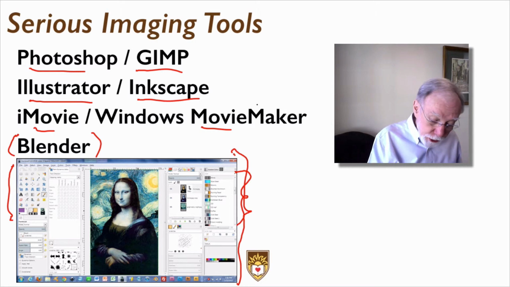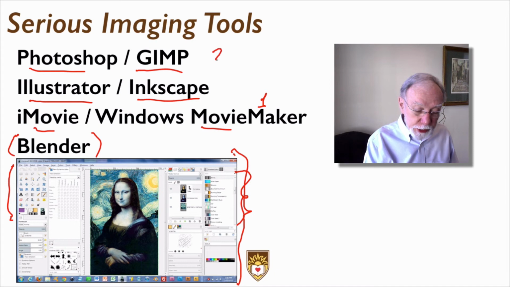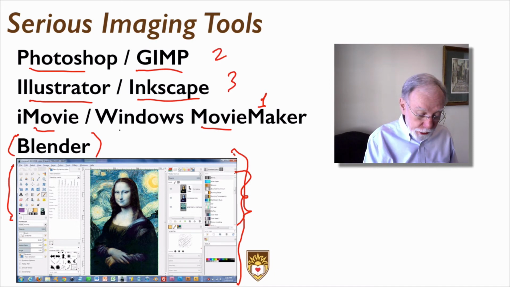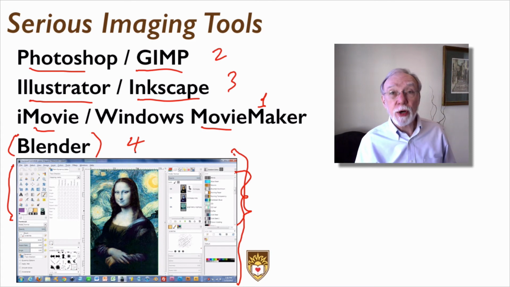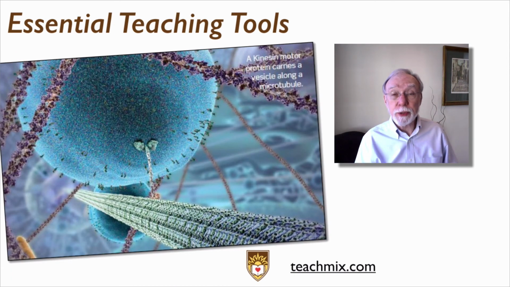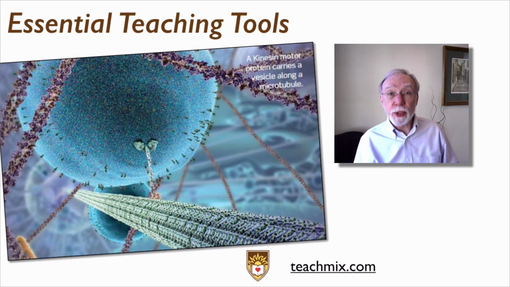The easiest would be Windows Movie Maker and iMovie. Next easiest, Photoshop. Illustrator would be the third easiest. Blender is the hardest. Again, each of these are worthwhile for you to learn the basics of. So knowing those basics, you can create rich animations such as this.